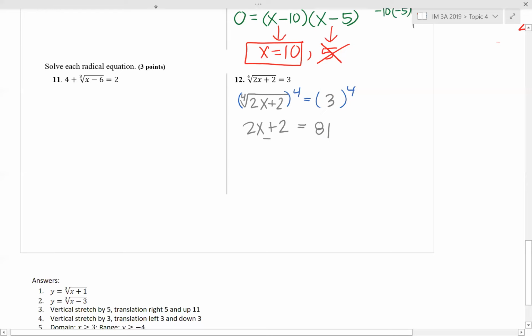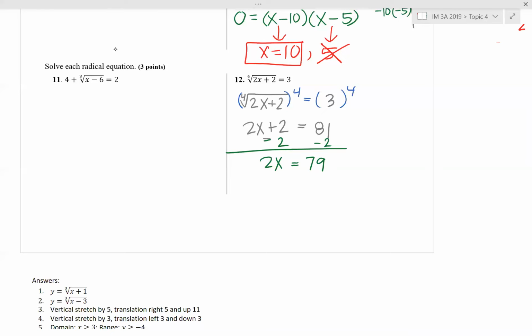And then that gives us 2x equals 79. And if we divide both sides by 2, we're just going to write that answer as x equals 79 over 2.